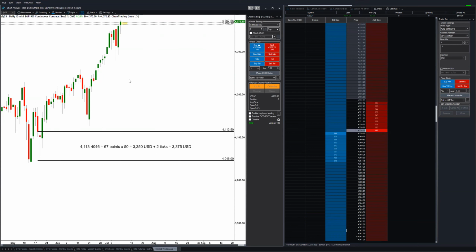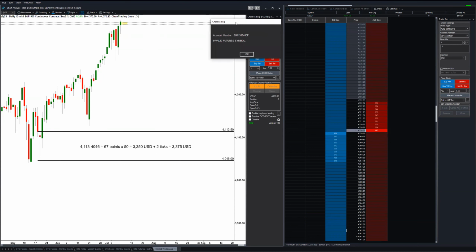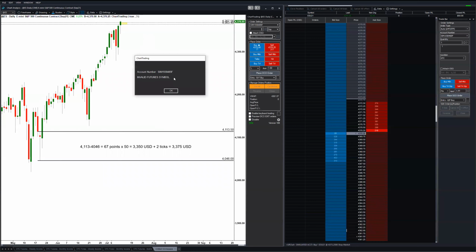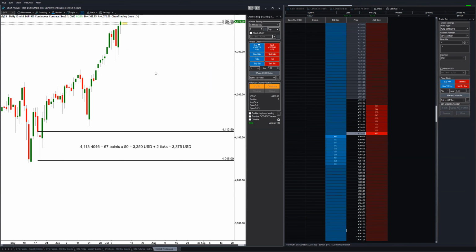Why does it say invalid future symbol? Perfect. Yes, absolutely, I cannot place an order. Yes, exactly. Stupid me, right?